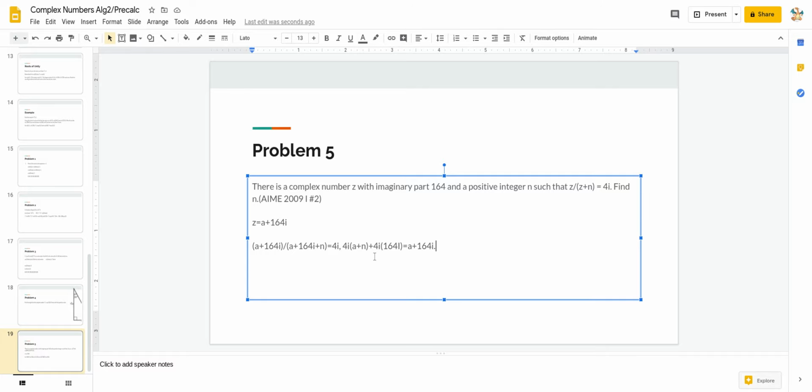Now the thing to notice here is that since a is a real number and n is a positive integer, clearly 4i times a plus n is going to be an imaginary number.